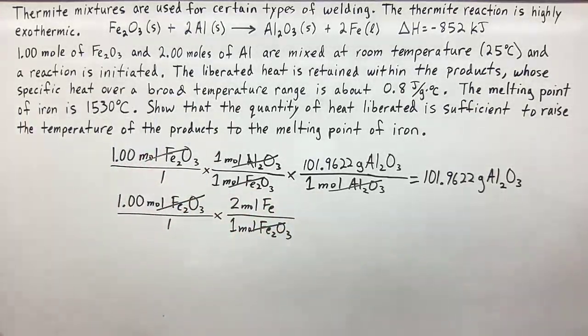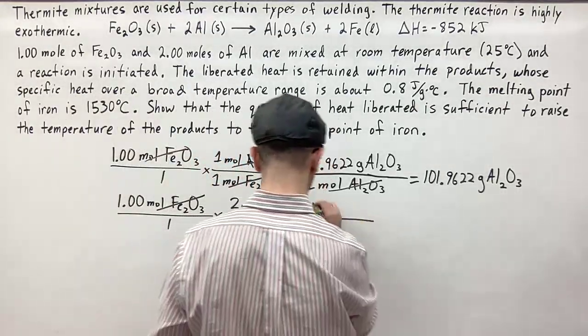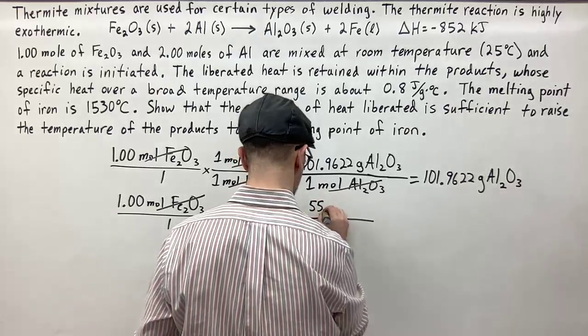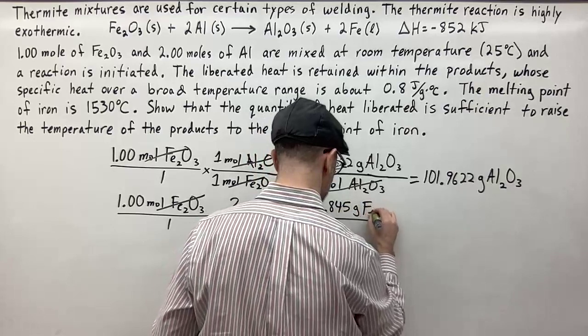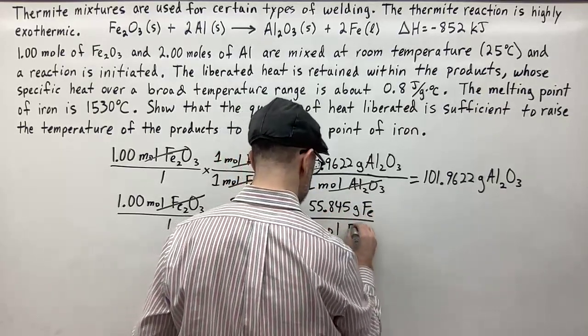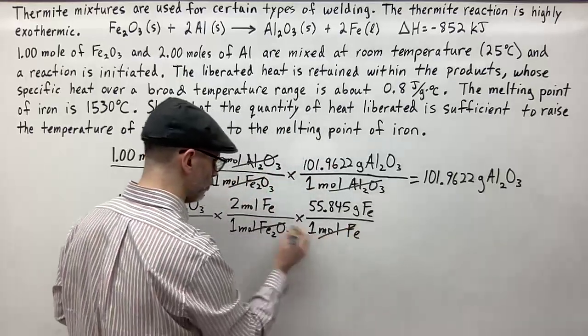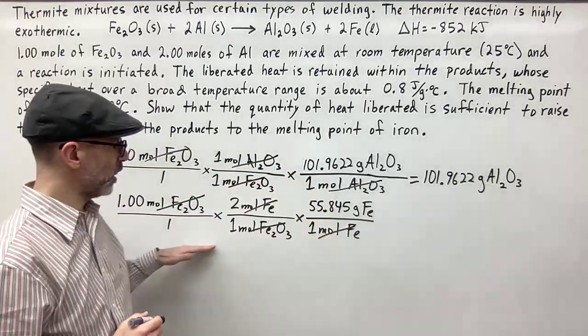We have our 2 there. So now we look up the molar mass of iron, 55.845 grams of iron for every 1 mole of iron. So moles of iron cancel out. So now all we need to do is multiply across the top, divide by the bottom.